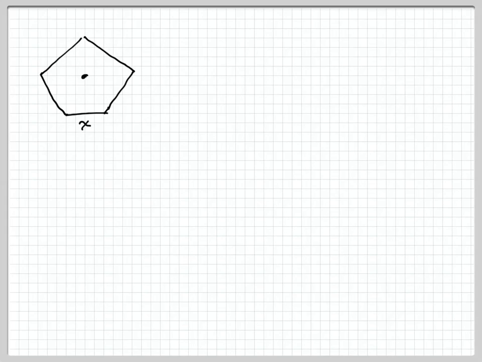You can do this on the back, wherever it's blank, wherever you have space. This is the formula for the area of a regular polygon.